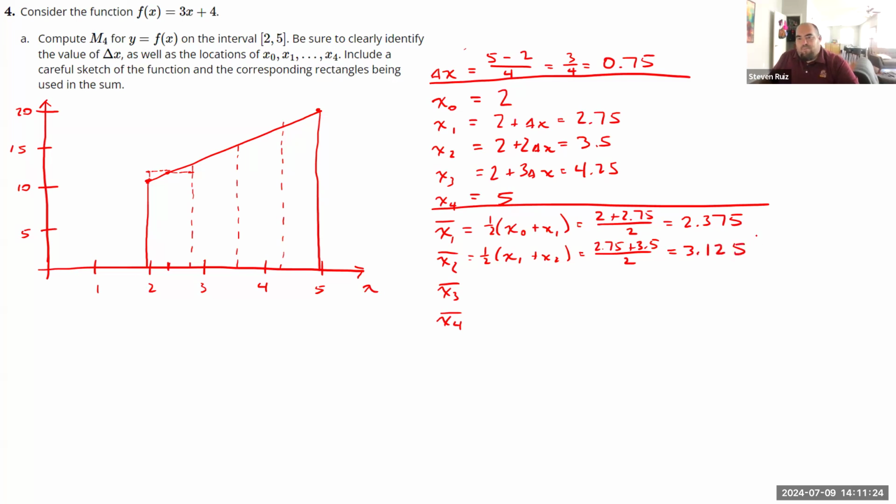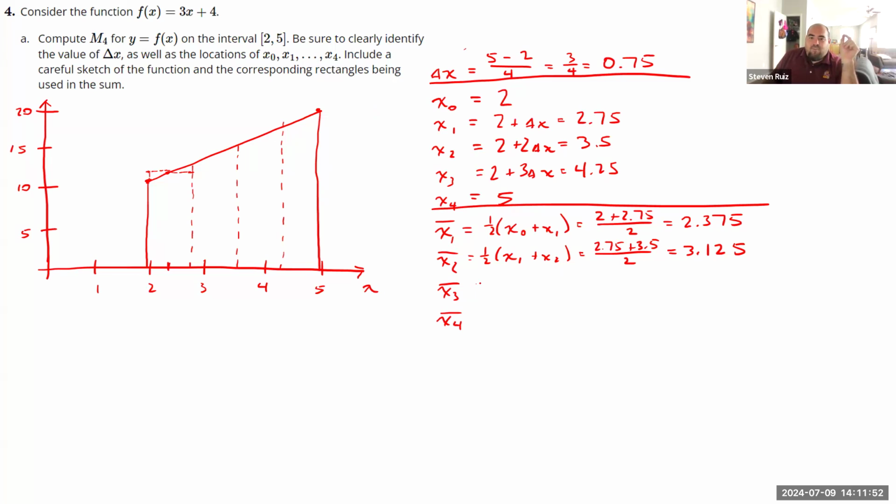Something else I want to point out here is that if you take x1 bar and add a delta x to it, let me give myself a little check: 2.375 plus 0.75, I get 3.125. So your delta x's should separate your boundaries, and they should also separate the midpoints from each other.